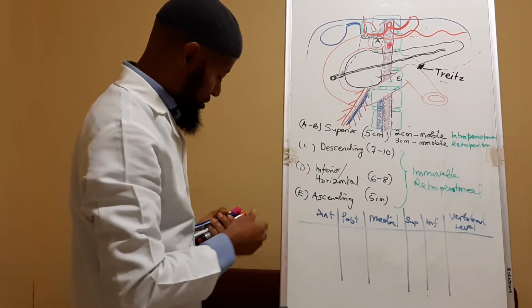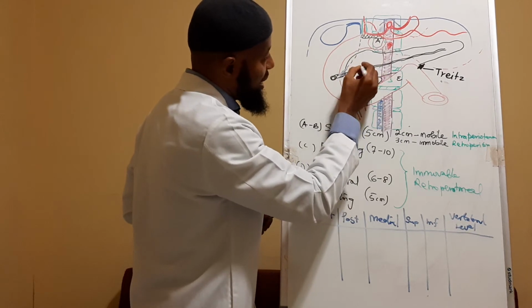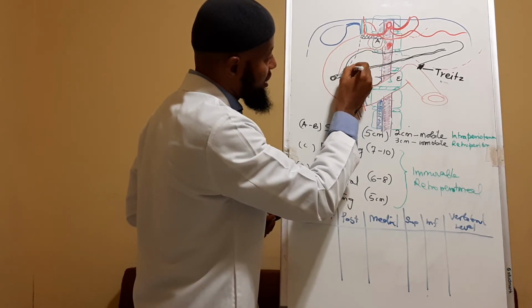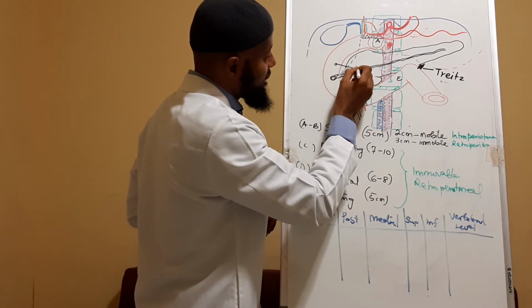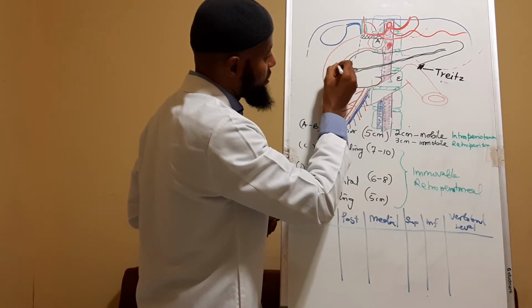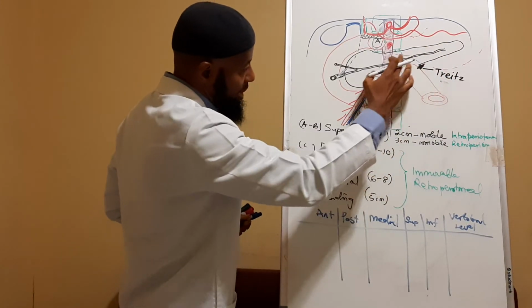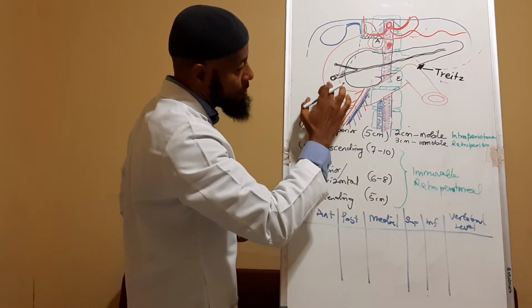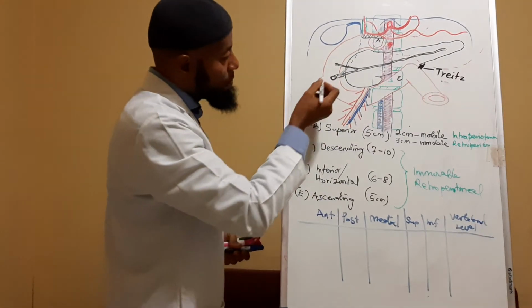And then we have an accessory pancreatic duct that extends all the way down there. So you see, this is draining the pancreas, emptying into the descending part of the duodenum.